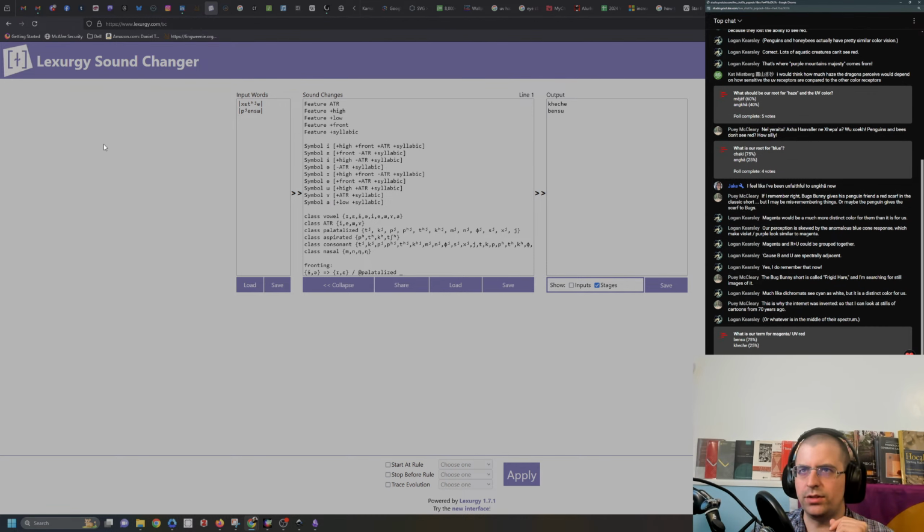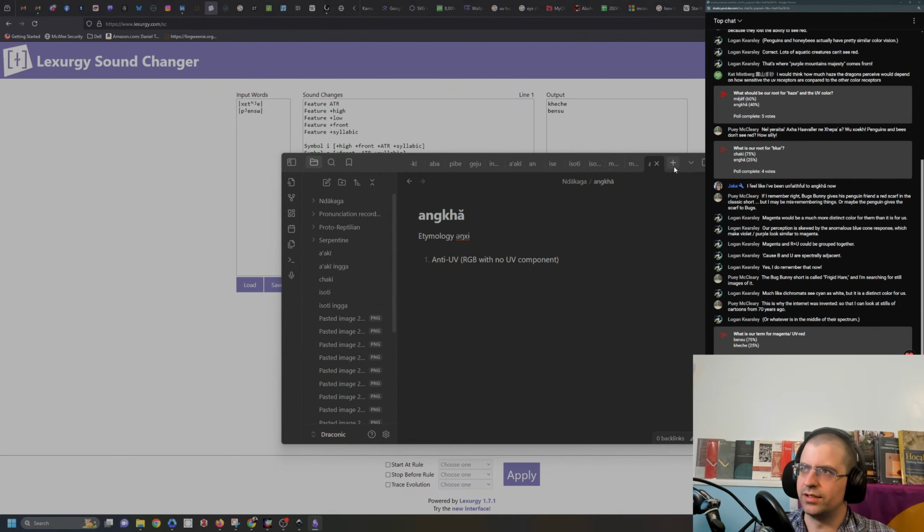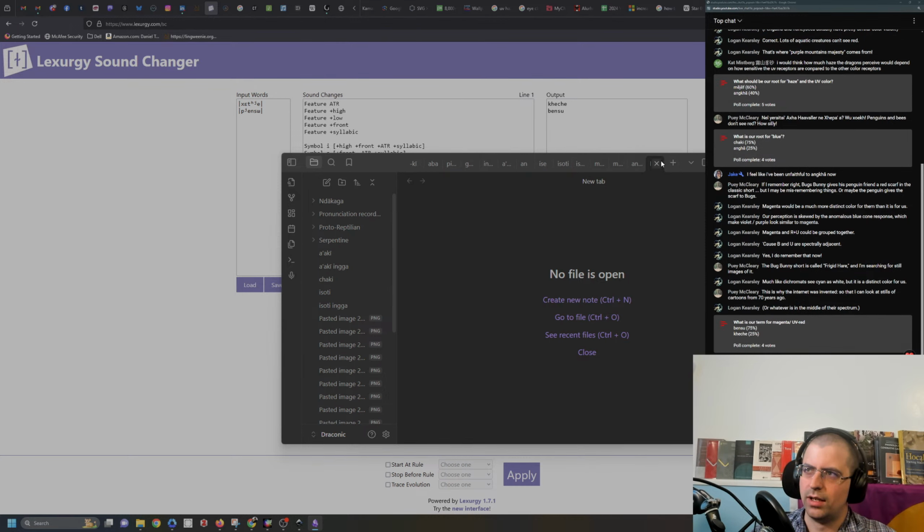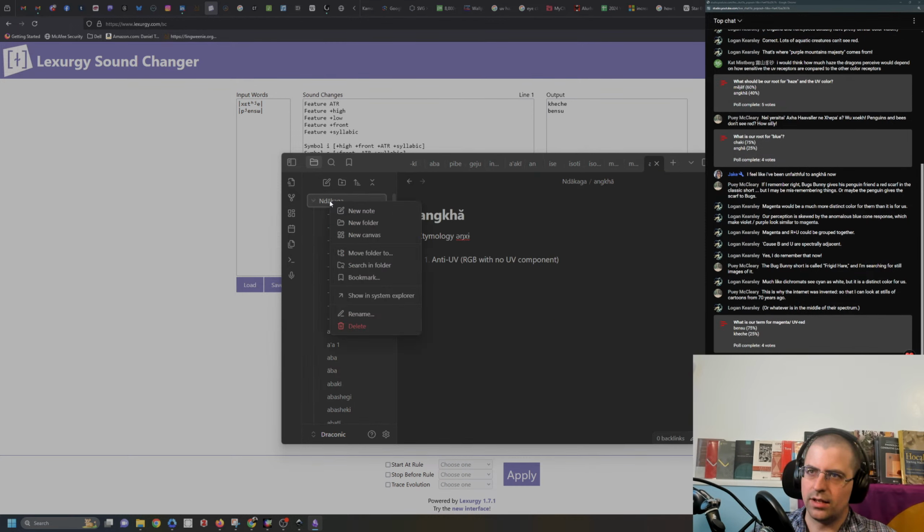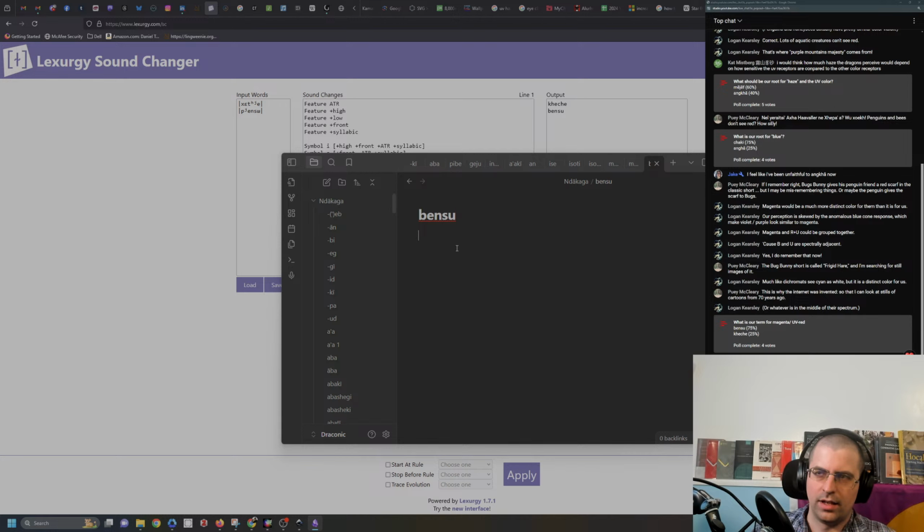Bensu. Okay, and let me, that's fun. This may be in a sister language. This may be interesting because it came from that. Bensu. Visual pattern terms. Yeah.